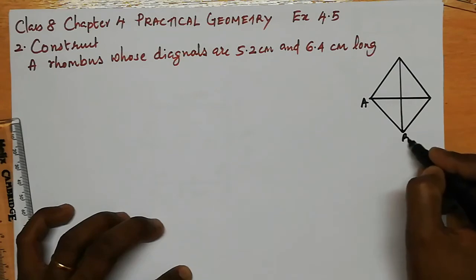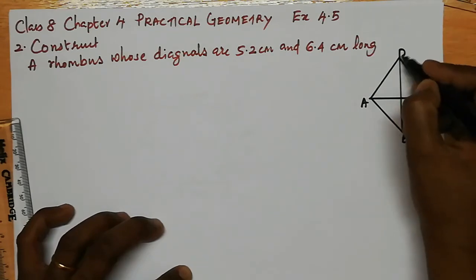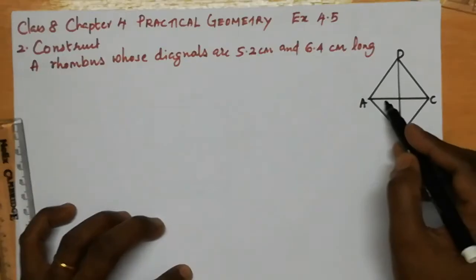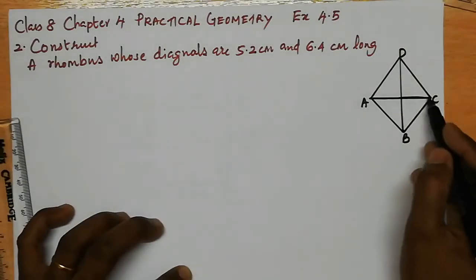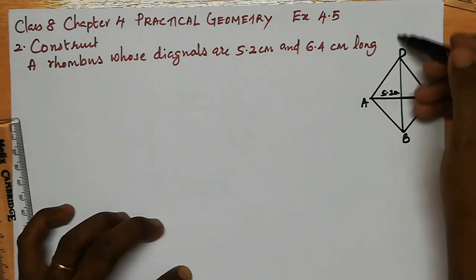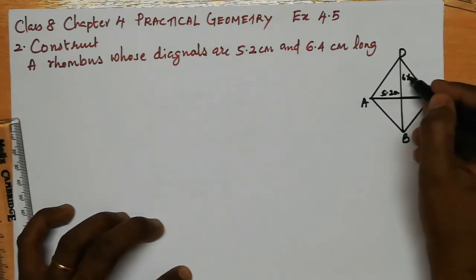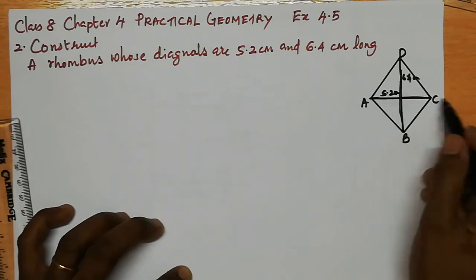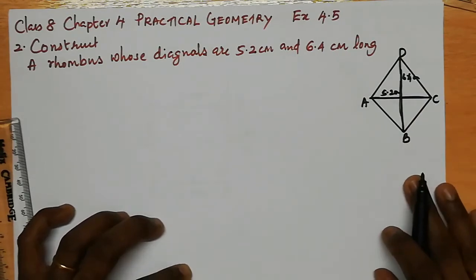Then, whose diagonal is 5.2 centimeter? I will take this one AC as 5.2 centimeter and BD as 6.4 centimeter. Clear?